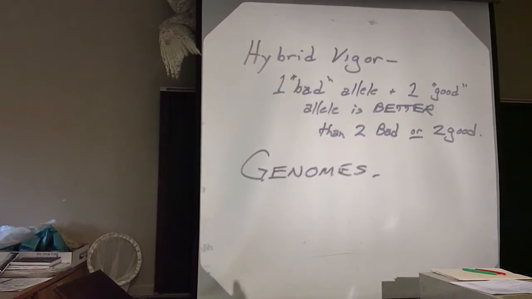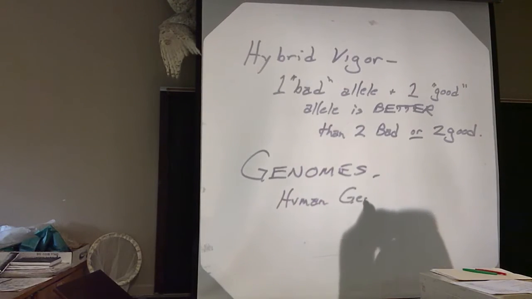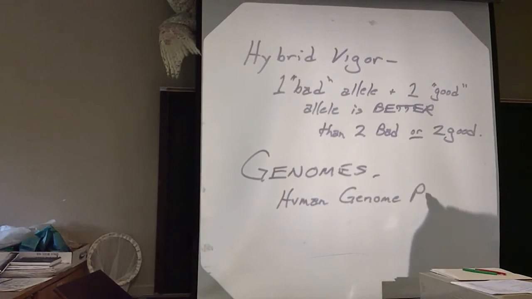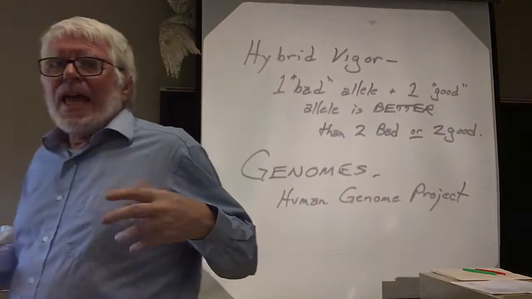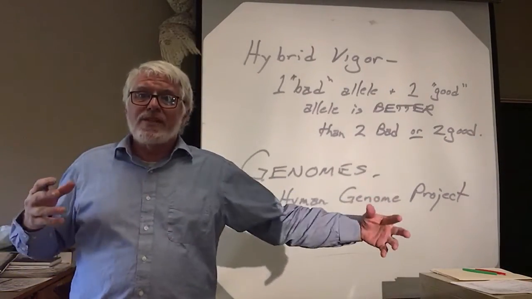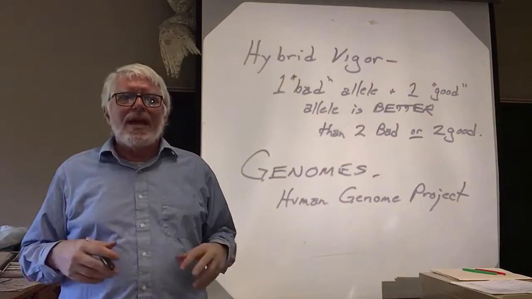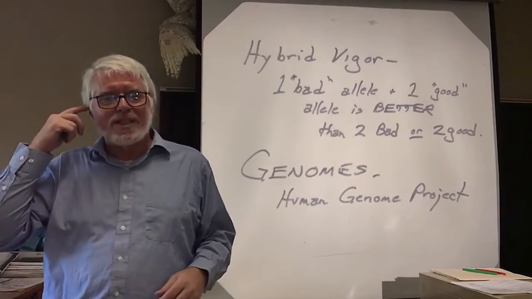Still on the history. People started to find, if you knew how the code worked, and you could take a stretch of DNA and look at it, that an awful lot of the time it was not a protein code. We will talk about that much later.